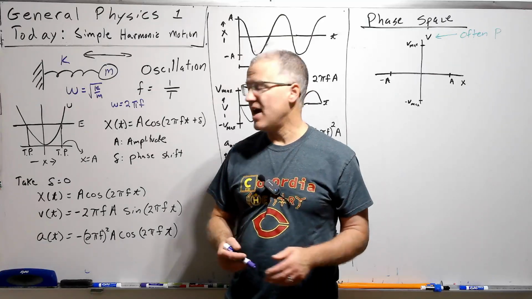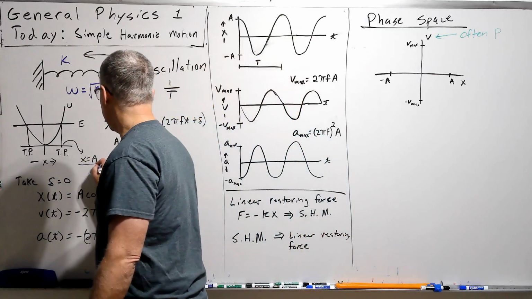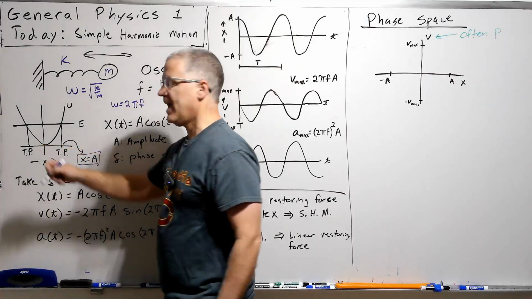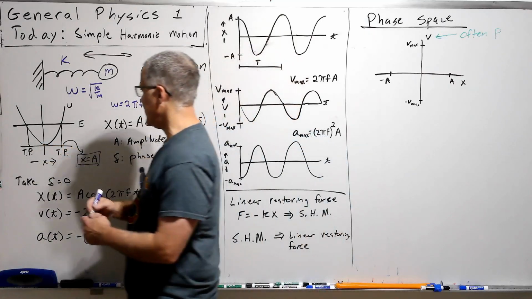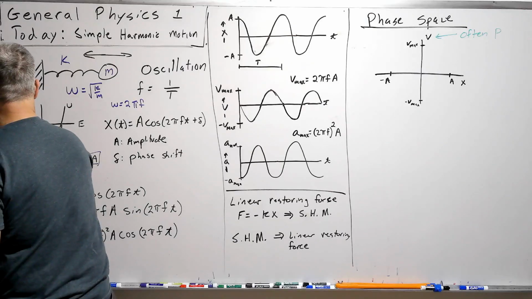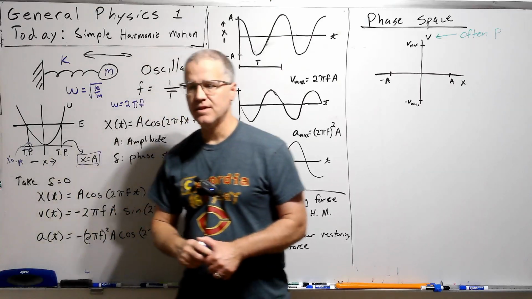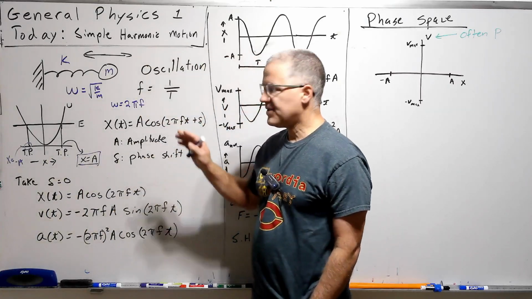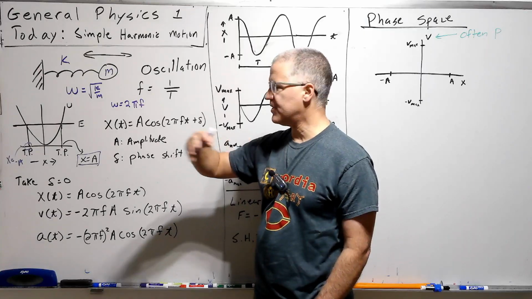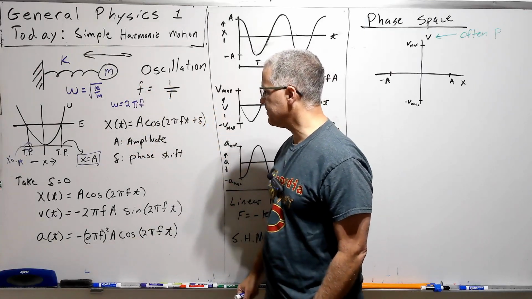We're going to refer to this now as the amplitude, and so x is equal to A at this turning point, and x is equal to minus A at that turning point. So that's the amplitude of the swing of this mass on this system.